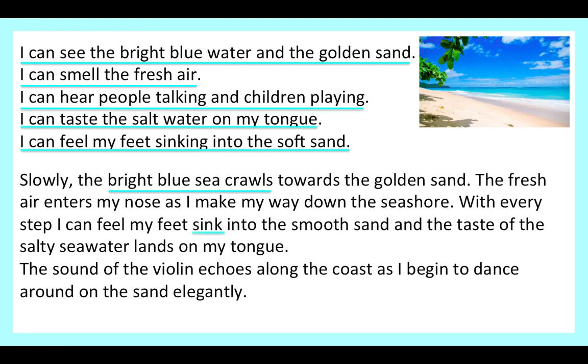The verb sink suggests the sand is so smooth that it almost absorbs anything that is placed in it. The use of the verb echoes suggests the beach is huge as the sound travels along the coast. Lastly, the use of the adverb elegantly creates a pleasant and graceful image which reflects the surroundings.